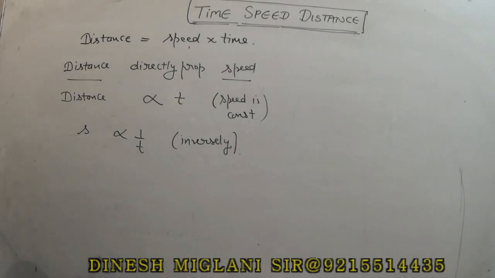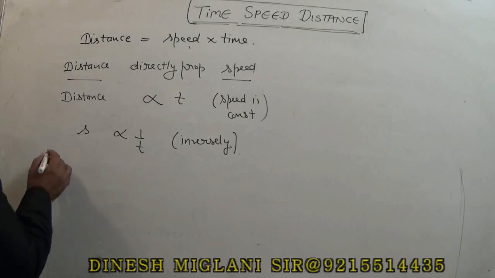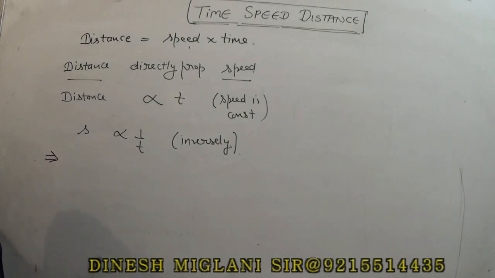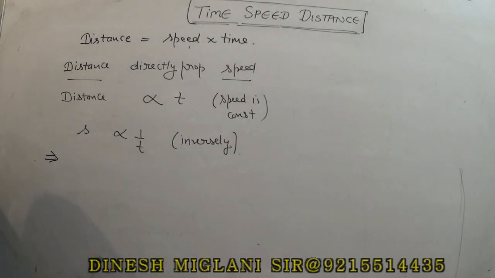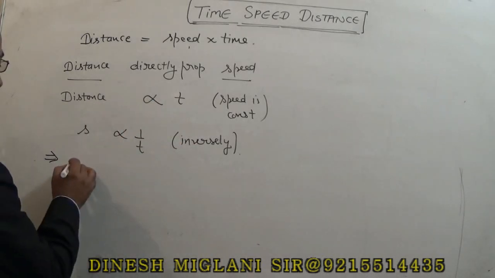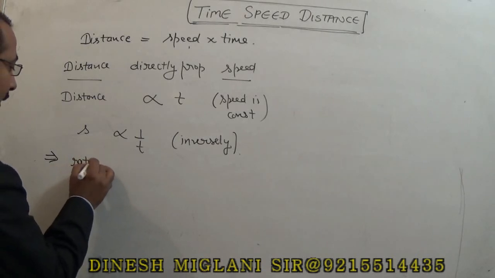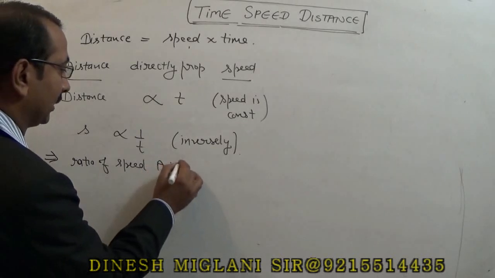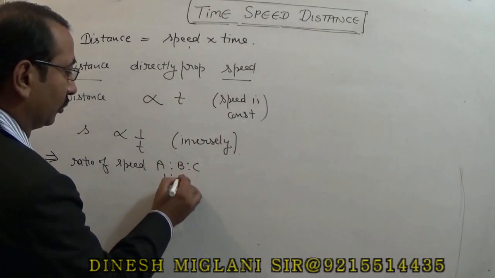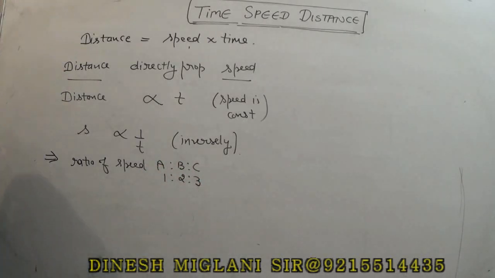Now there is a need to understand this concept in question format. That simply means the things which are directly proportional, their ratios are same. Suppose we know that distance and speed are directly proportional, right? If I say the ratio of speeds of three persons A, B, C is 1:2:3, there are three persons A, B, C and the ratio of their speed is 1:2:3.